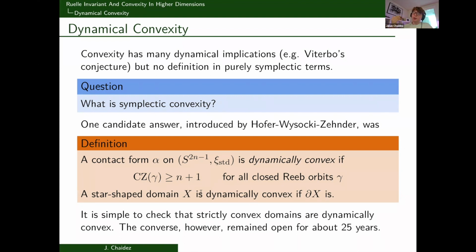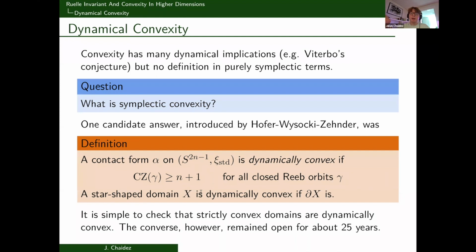One candidate answer to this question, which was introduced by Hofer, Wysocki, Zehnder in dimension 3, is the following. A contact form on the standard contact sphere is dynamically convex if the Conley-Zehnder indices of every Reeb orbit are bounded below by n+1.